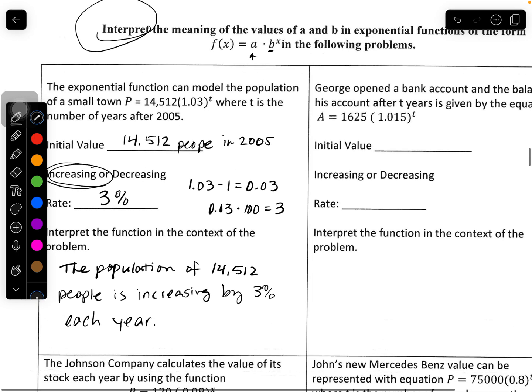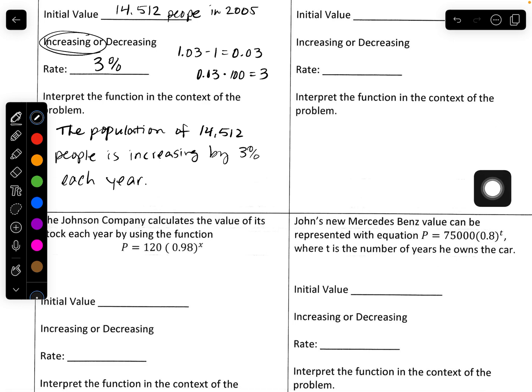All right, so again, when that number is greater than 1, you have an increase. When those numbers are less than 1, we have a decrease. So let's talk about that.